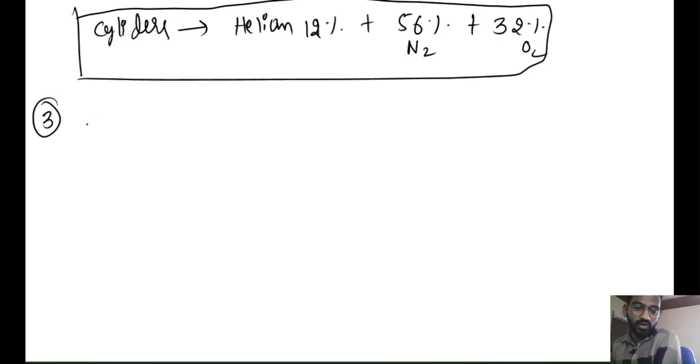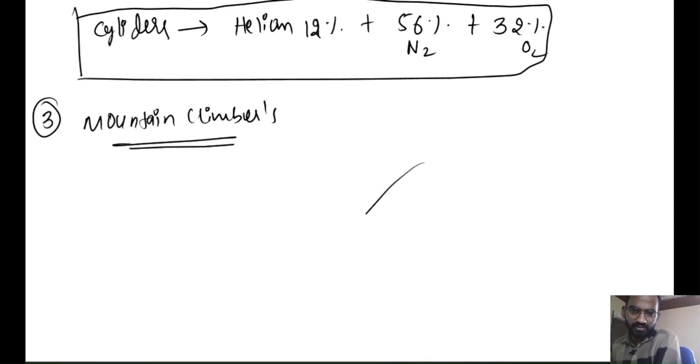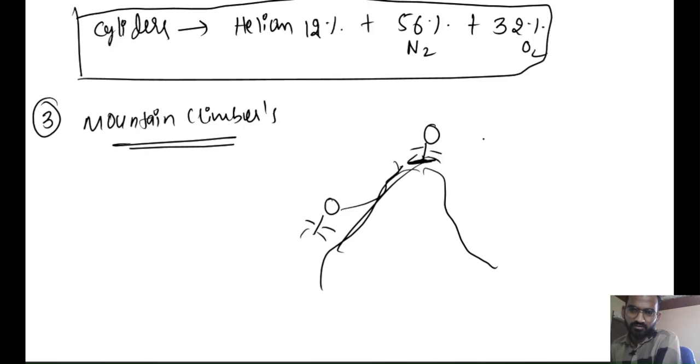The third application is mountain climbers. Suppose this is a mountain, and you are climbing it. At the peak, the air and oxygen will be there, but the pressure of oxygen will be less.